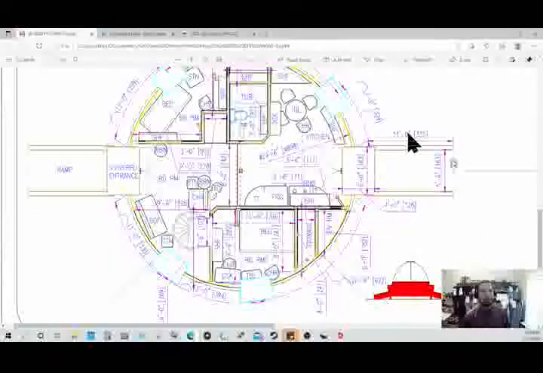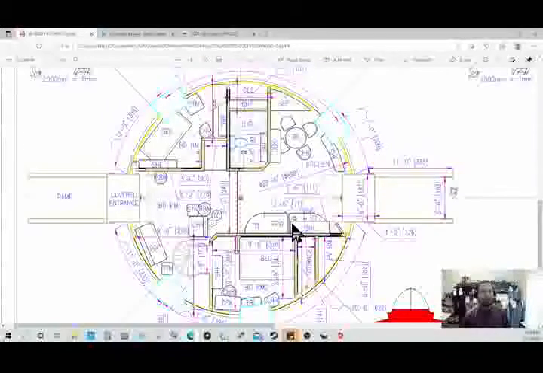If this dimension was not there, for example, on this side. And there are plenty of things that are not dimensioned, like this shelf. You may want to know exactly what the length and width of this shelf is designed to be, so you can match it and find out with a scale.